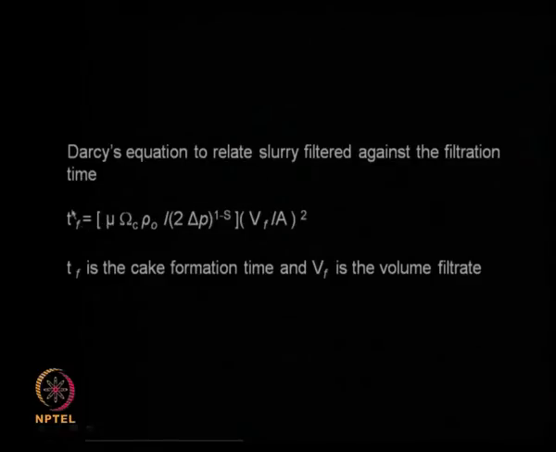As you can see, it is a function of the amount of liquid or slurry being filtered, inversely proportional to the area, and a function of the delta P. Because we have assumed a compressible solid, we got this term S. If the solid is not compressible, we can just omit this S, or S becomes 0. And these are the physical properties of the liquid as well as the slurry density.